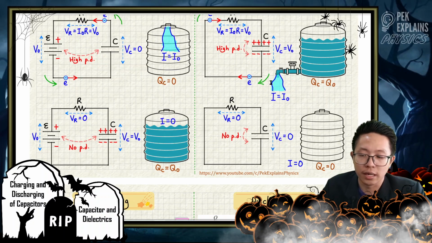Because after discharge, there's no more positive and negative. It becomes neutral again. The electrons neutralize the positive plate again. So now the capacitor becomes neutral. When neutral, there's no more potential difference across the capacitor, so VC is 0 and the charge in the capacitor is also 0.